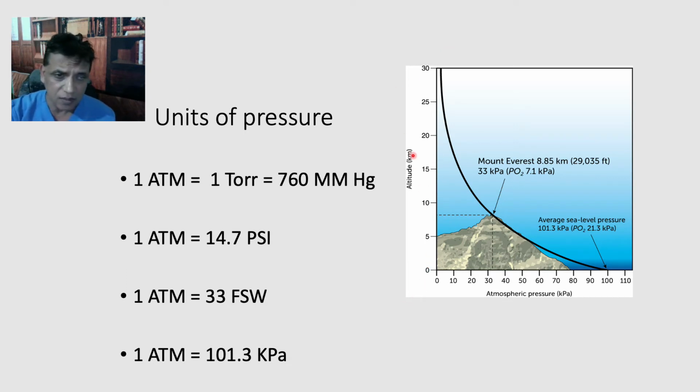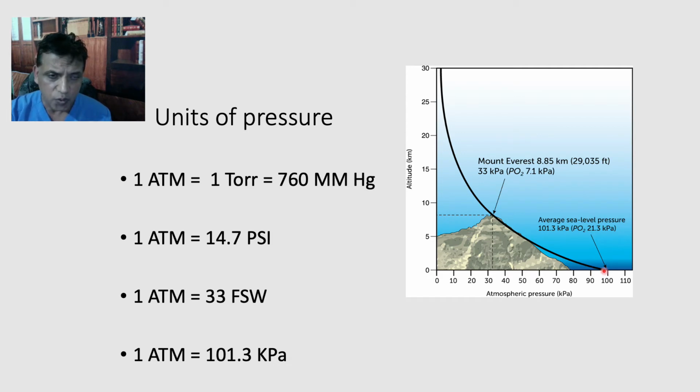I also like to draw your attention to this graph. The vertical axis is the altitude above sea level, and the horizontal axis is the pressure. Notice at an altitude of 0, which is at sea level, the pressure is 101.3 kilopascals.